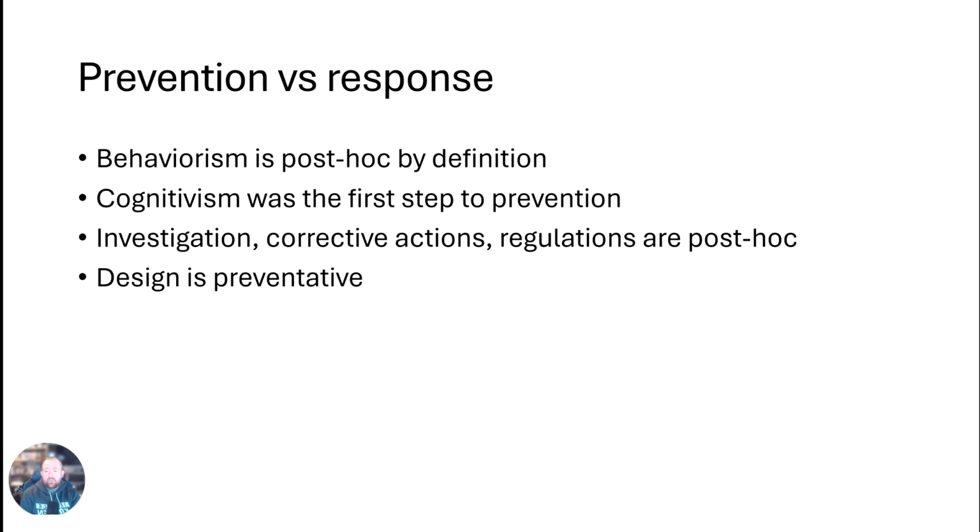I always look at this as a breakdown between prevention and response. Not that one is better than the other per se, but behaviorism is post hoc by definition. A behavior has to manifest for us to interact with it or do anything with it. Cognitivism is the first step to a prevention approach. Investigations, corrective actions, and regulations are all post hoc.